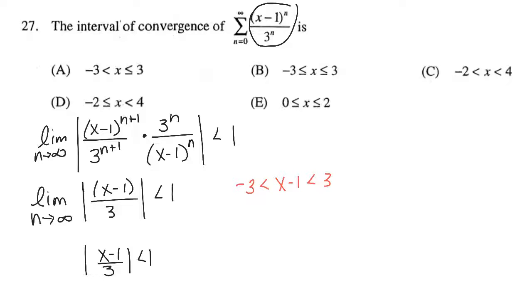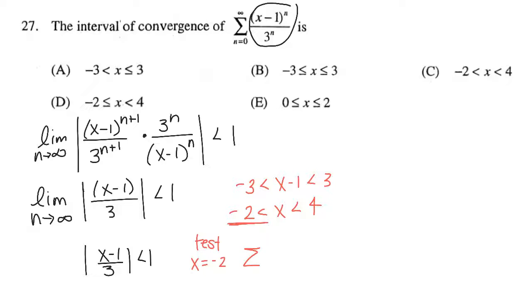So it looks like we have negative 2 is less than x, which is less than 4. Looking at our answer choices, that narrows down our answer choices to C or D. Notice 4 is not included in either one, so the only endpoint that we need to test is negative 2. So let's test x equals negative 2. We'll go back into the original and let x be negative 2.